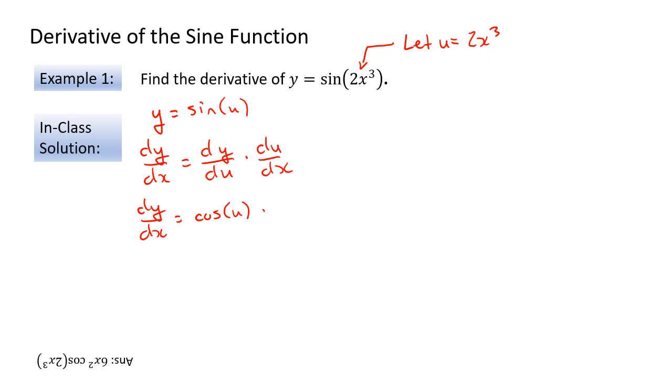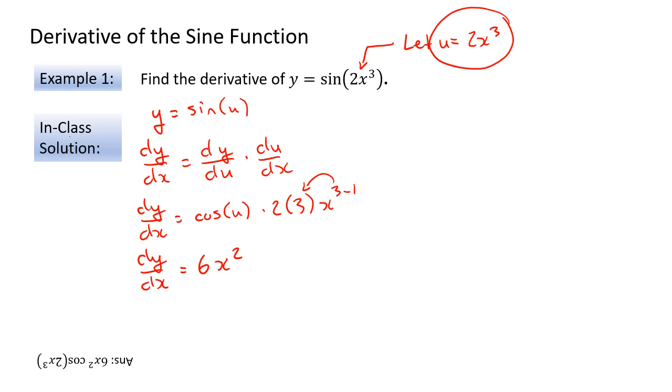And that's multiplied by the derivative of the function u by dx, which is the derivative of 2x cubed, which is 2 times 3, x to the 3 minus 1, bringing that power down. So if we simplify this, 2 times 3 is 6, x squared, because it's x to the 3 minus 1, times the cosine of u. But in this case, u, we can now write as the function of x again. So instead, we write cosine of 2x cubed. That's just substituting the value of u in.